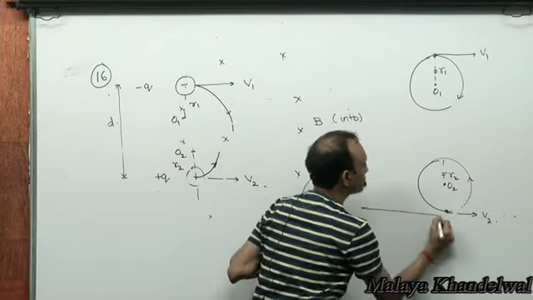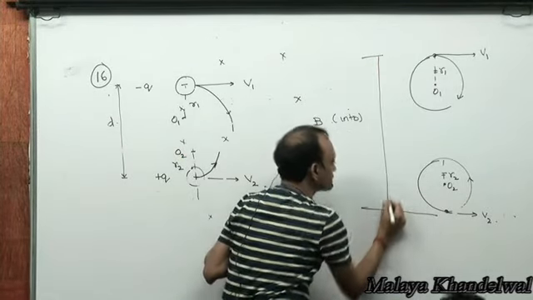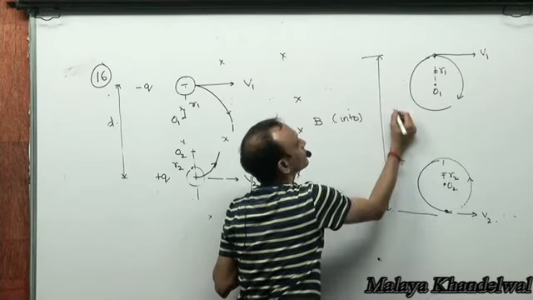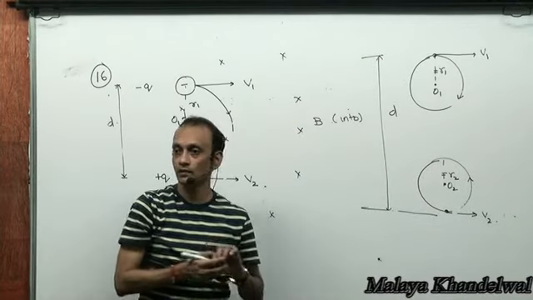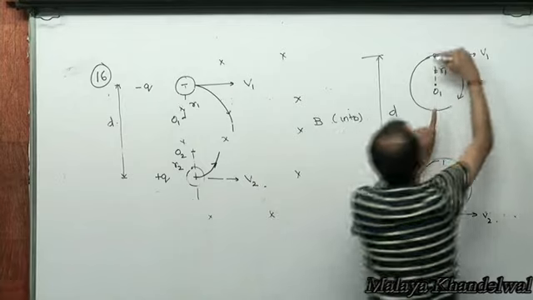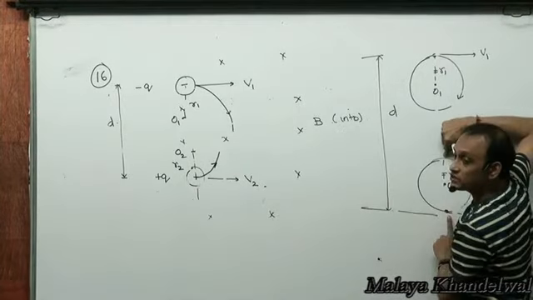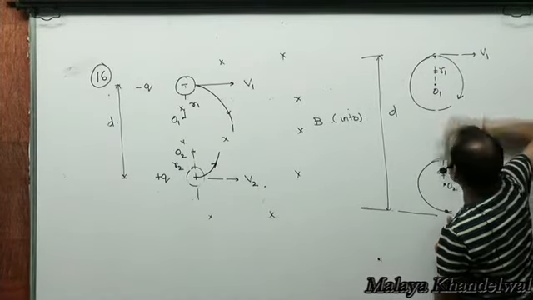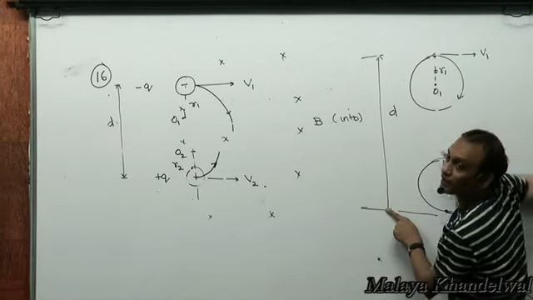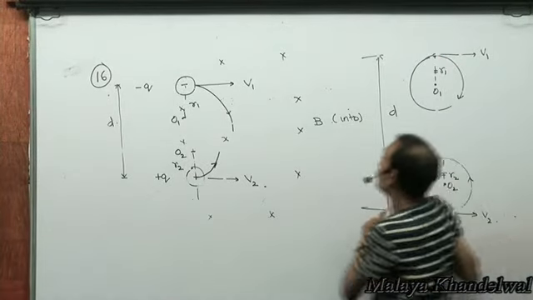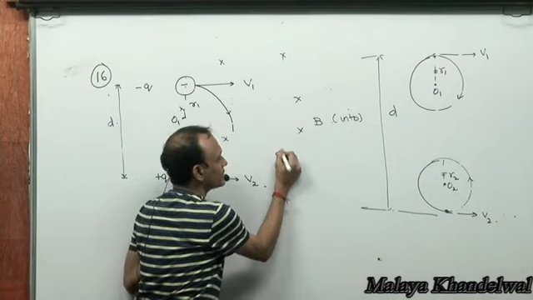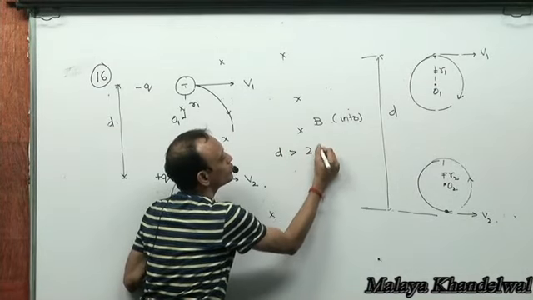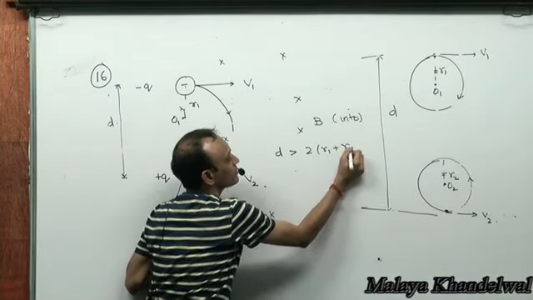Very clearly, this separation is D, isn't it? This diameter is 2R1, this diameter is 2R2. That means for them to not collide, D must be greater than 2R1 plus 2R2, the sum of their diameters.